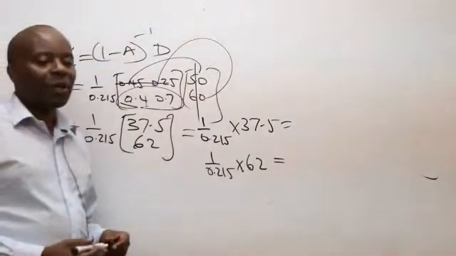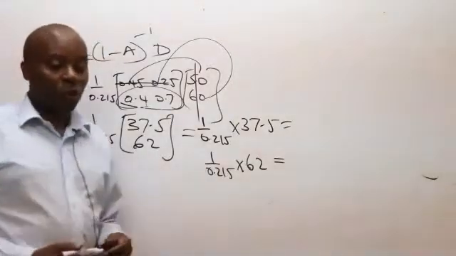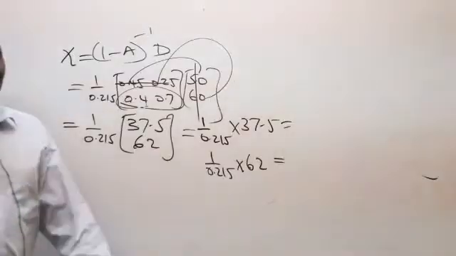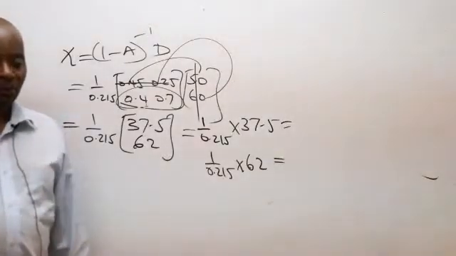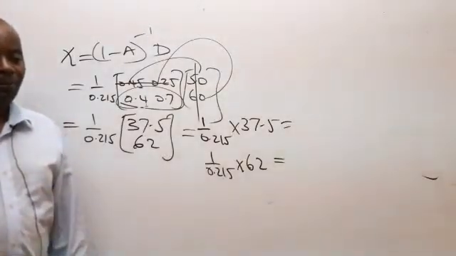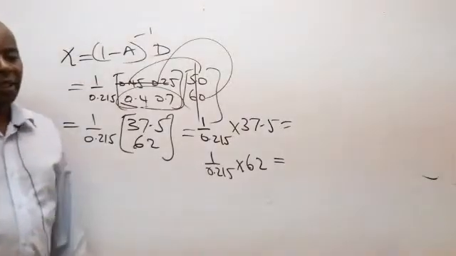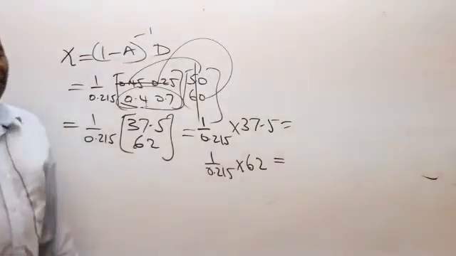Could you kindly help us into decimal places? What do we have here?